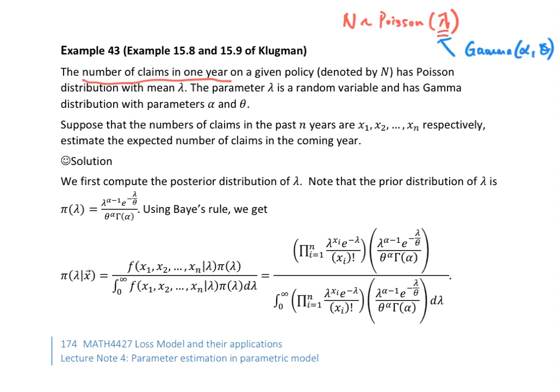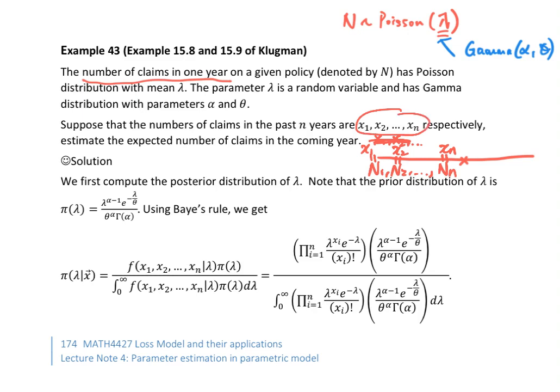Now let's suppose after some time, I got a set of sample data about N available. Let's say this is N1, N2, ..., Nn, the exact number of claim events in the past n years.